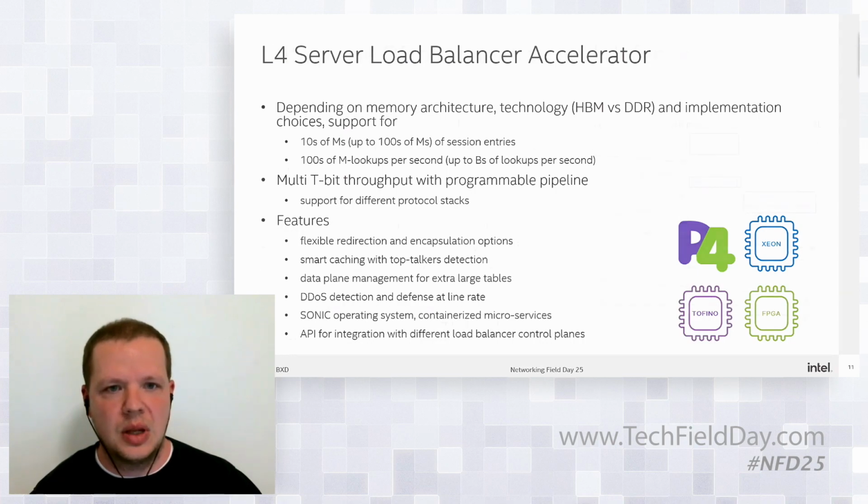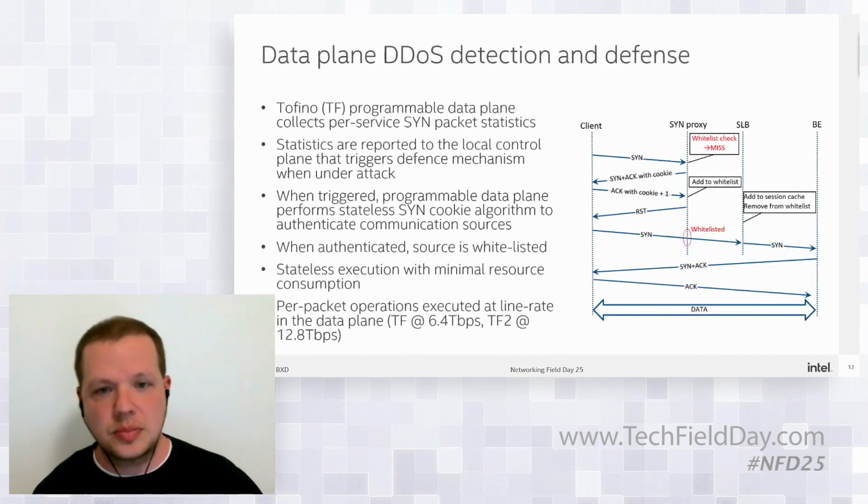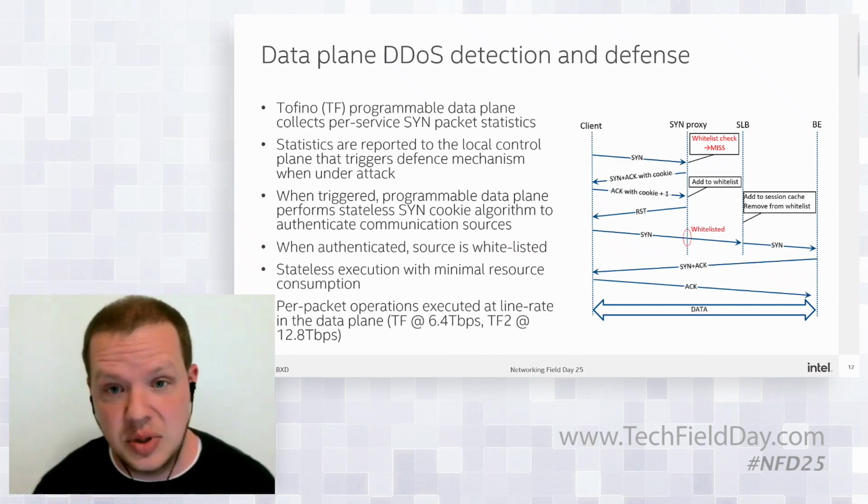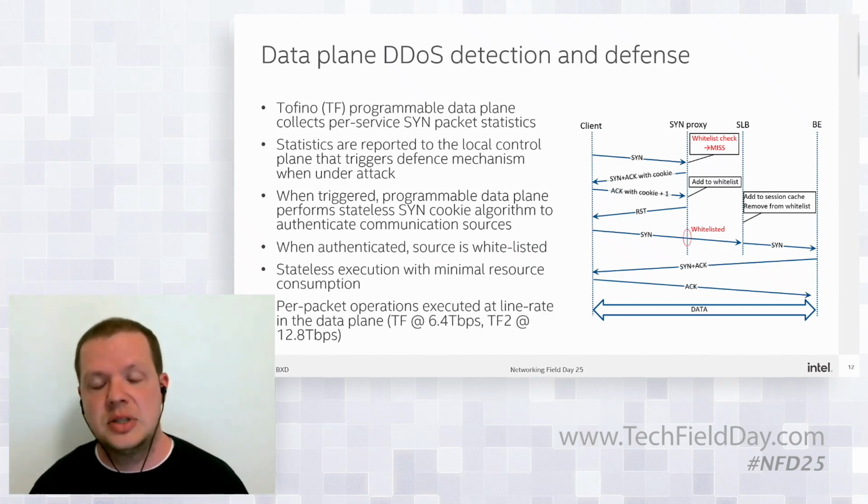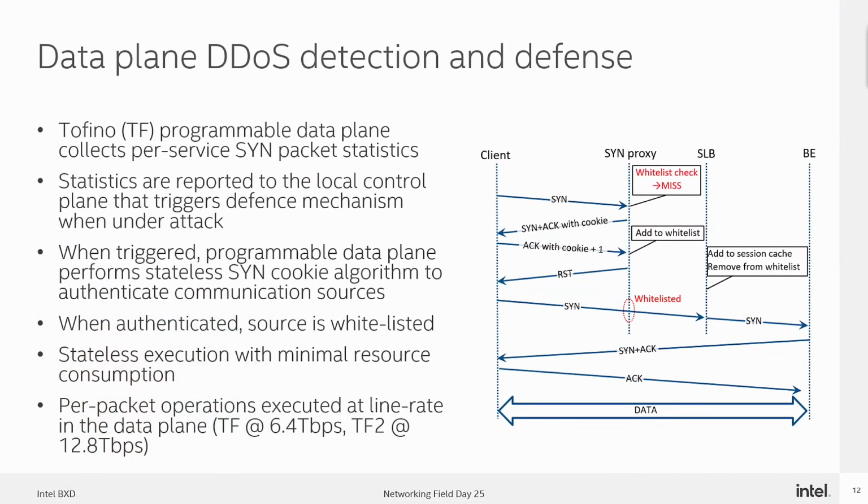Now, when it comes to DDoS detection and defense, we're able to detect SYN flood attacks. We do that by continuously monitoring the SYN packet arrival rate, which is done in the Tofino data plane.